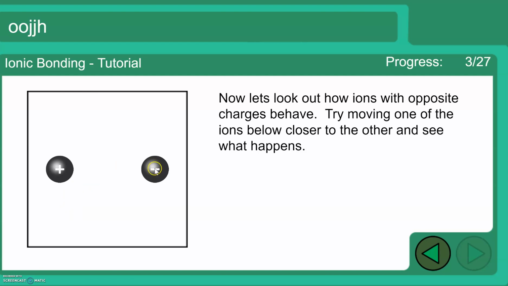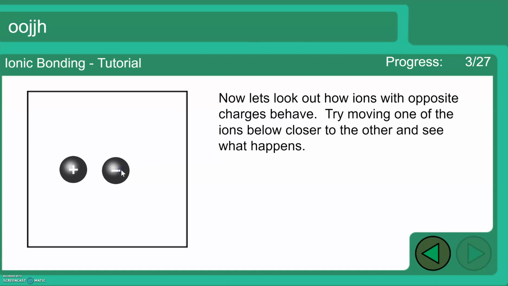the step where we were trying to find out how ions with opposite charges behave. Remember that ions are atoms that have lost or gained electrons. And if we drag this negatively charged ion close to this positively charged one, they attract each other. So there's a fairly strong attraction just because they have opposite charges.